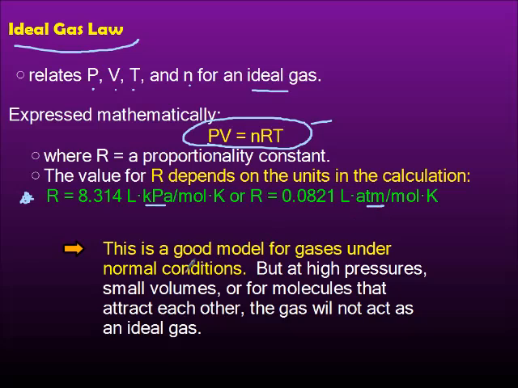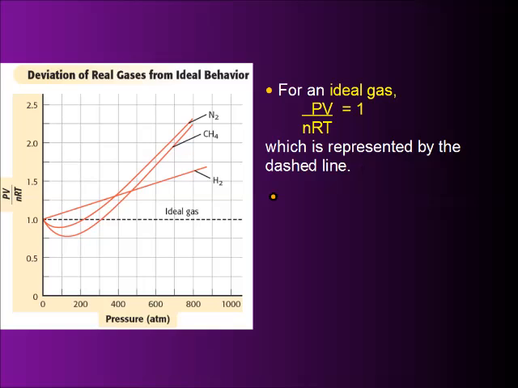Now, it is a good model under normal conditions. Most conditions we have, this works for. If we have very high pressures, very small volumes, or particles that have a great attraction to each other, it may not work perfectly. And you could learn correction factors. Again, that would be a higher level college chemistry class. You might learn that in. Now this is just going to show you, again, real gases when they deviate.